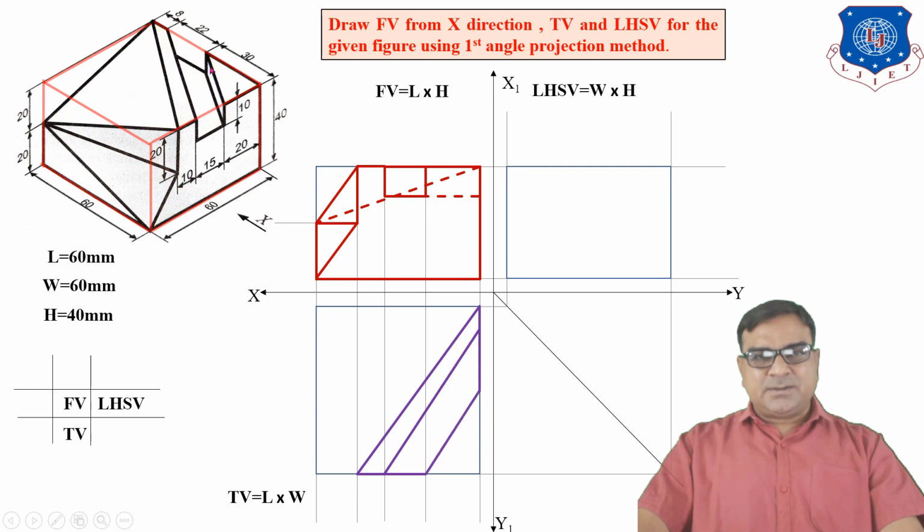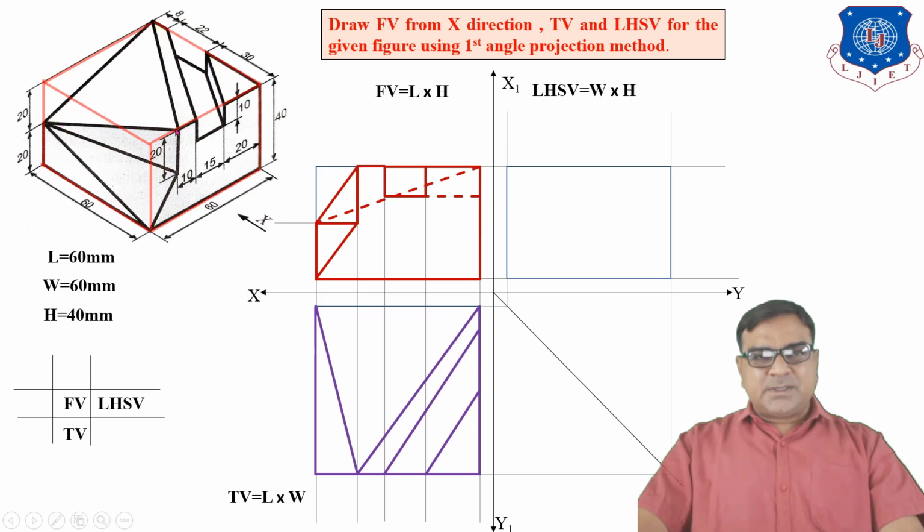Join this surface or this line, the top view for this particular rectangle, the top view for this surface, the top view for this triangle, because it is perpendicular to HP and perpendicular to VP, so the top view is a vertical line.